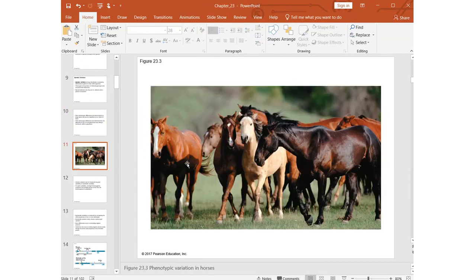And so now here's a good example. Horses. The color of horses. That's a very good example of variation within a population.